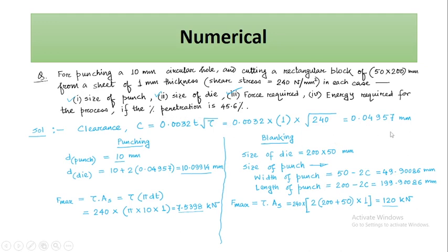Means out of the total thickness, if the punch moves to 45.6% of the total thickness, then the rupture will take place. Okay, so we can find out what will be the energy required. So we will find out the ideal energy that is required.